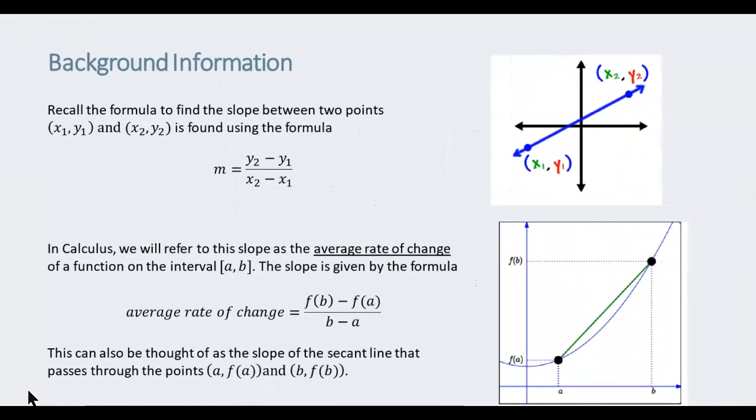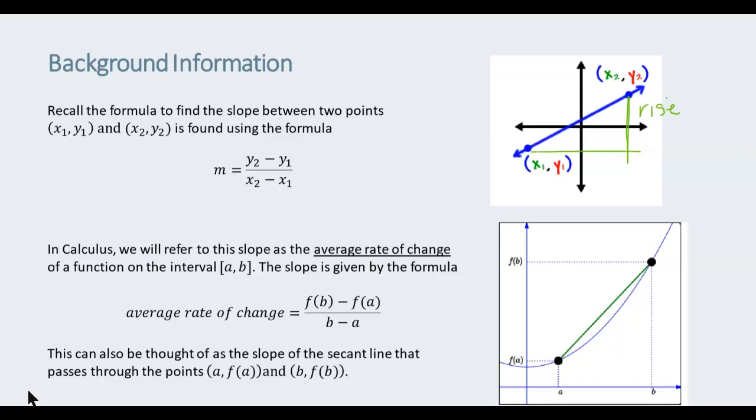Just to remind you about the algebra behind finding the slope for an equation of a line, looking at the rise over the run, right? The difference in the y values being the rise, and the difference in the x values being the run.